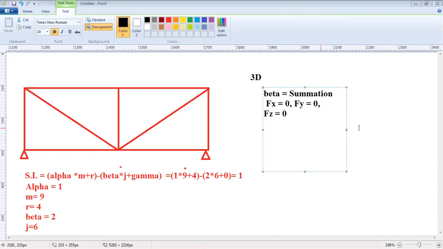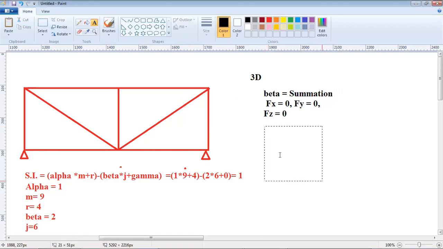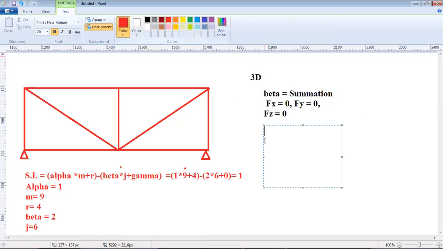Now, what would be the value of SI here? Alpha is 1, then members is the same 9, plus reactions again 4, then beta is now 3, not 2, joints are 6, and there is no release.